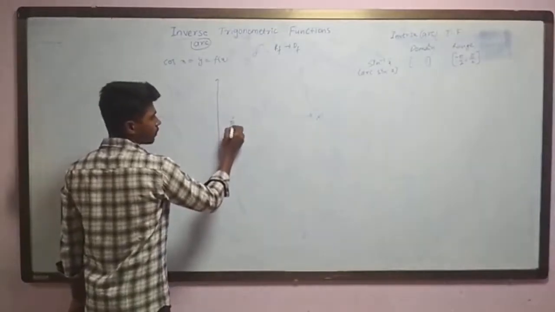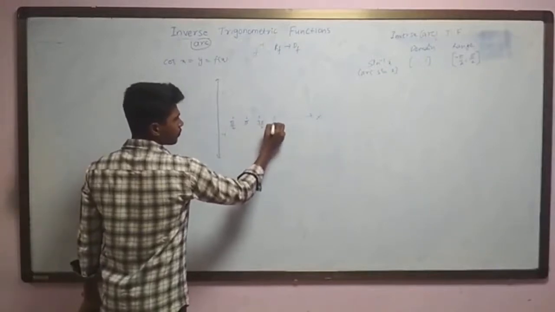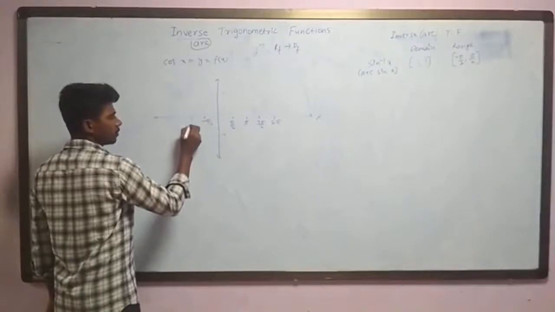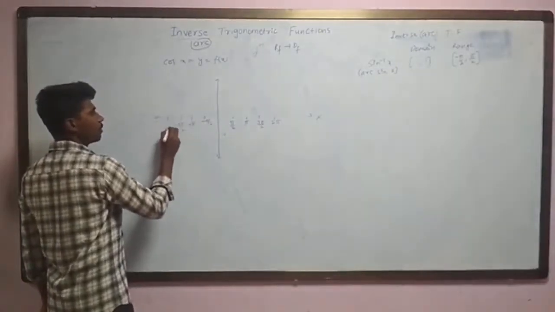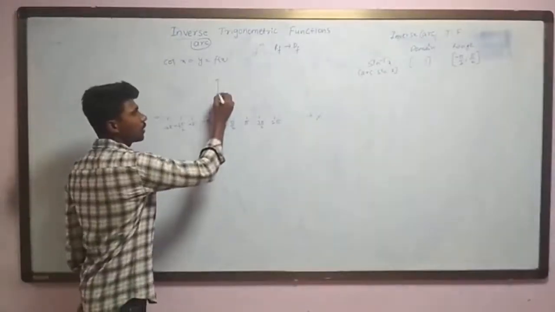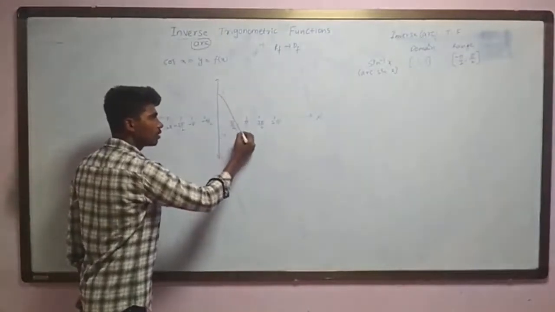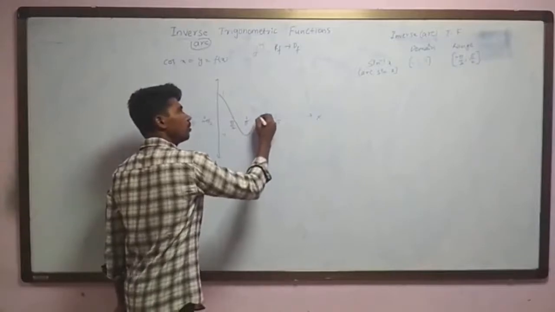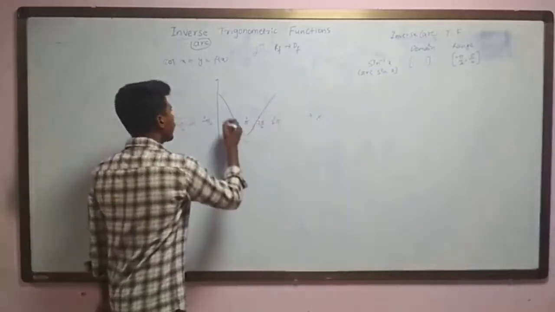Pi by 2, pi, 3 pi by 2, 2 pi, minus pi by 2, minus pi, minus 3 pi by 2, minus 2 pi. Cos 0 is 1, cos 90 is 0, cos pi is minus 1. Cos 3 pi by 2 is 0. Cos 2 pi is 1.